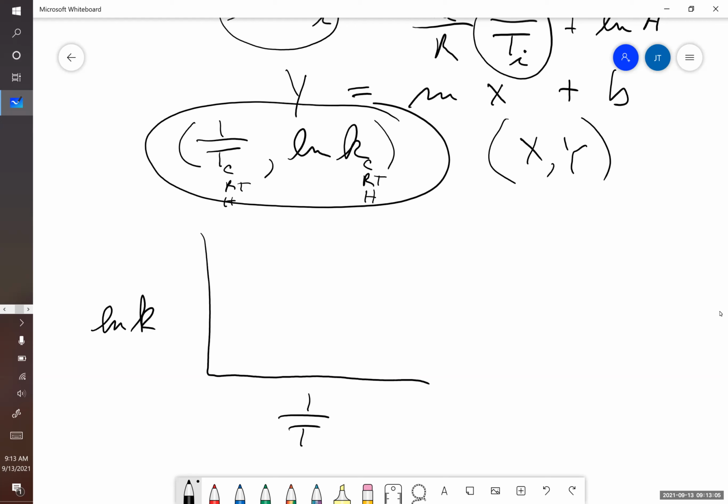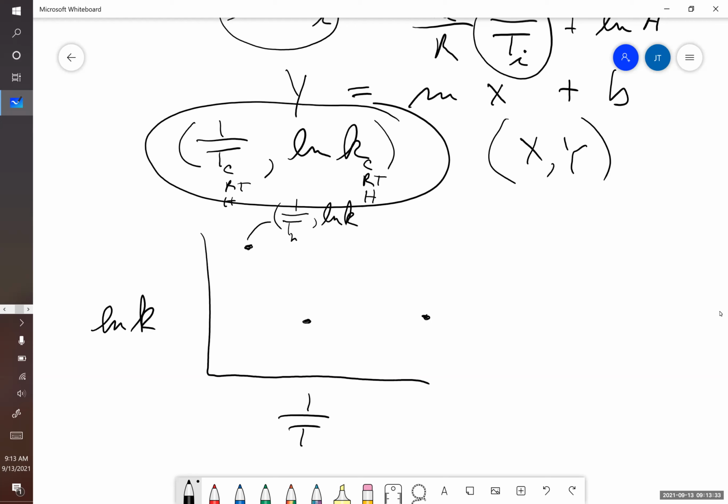So that high temperature should be somewhere here. Then the room temperature maybe is a point here, and then the cold temperature is going to be the highest 1 over T value.